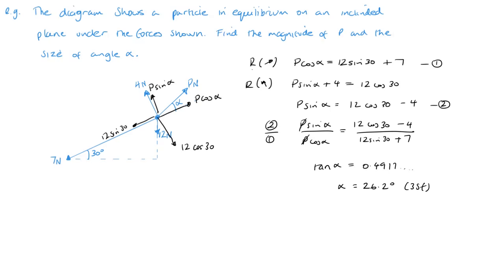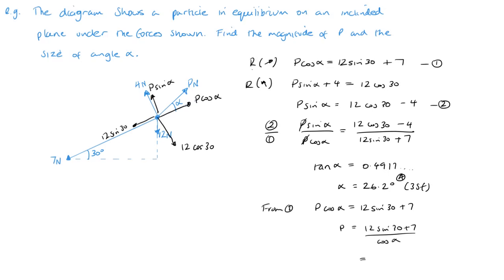Now I'll store that as 8 because then I can use it. So using equation 1 or equation 2 now to find P, I'll use equation 1. So from 1 we got P cos alpha equals 12 sine 30 plus 7. So P is 12 sine 30 plus 7 divided by cos alpha.